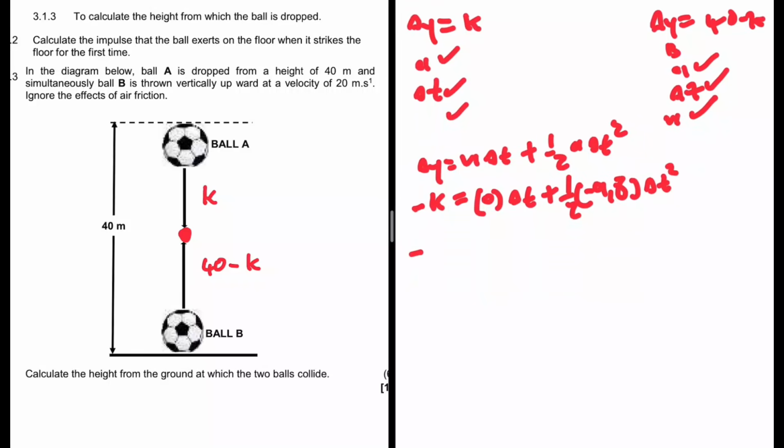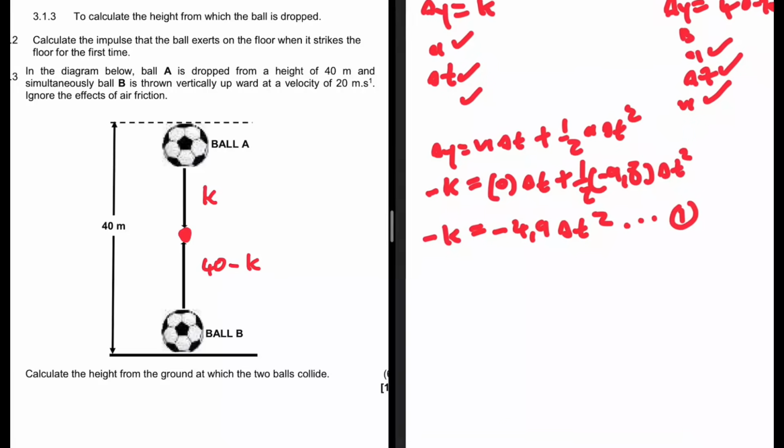Okay, so we're going to have minus k equals 0 delta t, that is just going to give us 0, and then we have minus 4.9 delta t squared, right? So this is where we end with ball A. So let's just let this be equation 1. We don't have to let it be equation 1, but for the sake of clarity, we can do that.